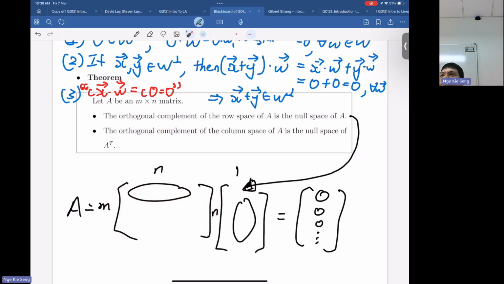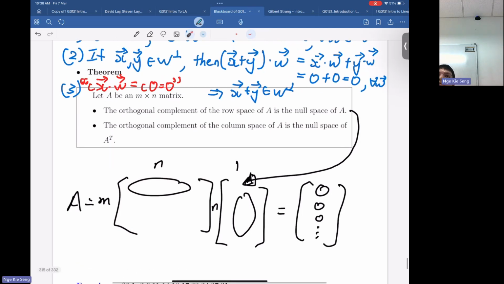So this is the hint I gave you for the second line. But I think we won't test it for this theorem here. This is another language to talk about the null space of A. Any question on this part?